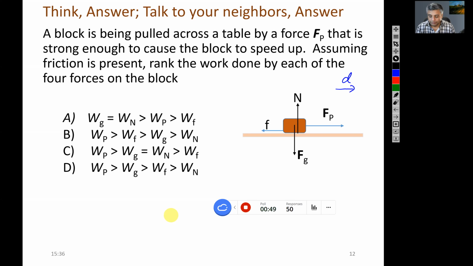Let's see what we got here. So mostly C. Getting better. Let's see if the C is the correct answer.